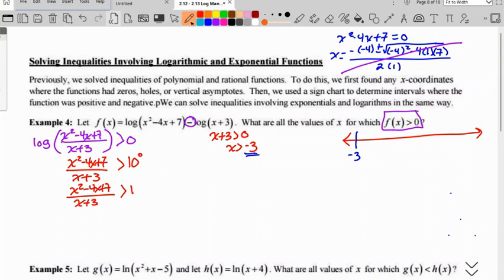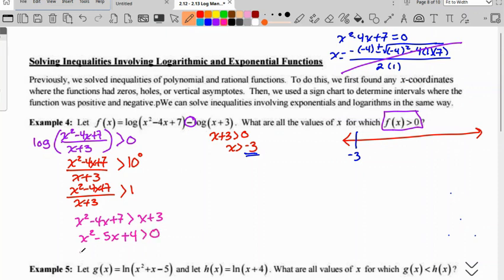All right, let's finish solving that inequality. I'm going to multiply both sides by x plus 3. That's going to give me x squared minus 4x plus 7 is greater than x plus 3. Then I'm going to get that equal to 0, and that's going to give me x squared minus 5x plus 4 is greater than 0.